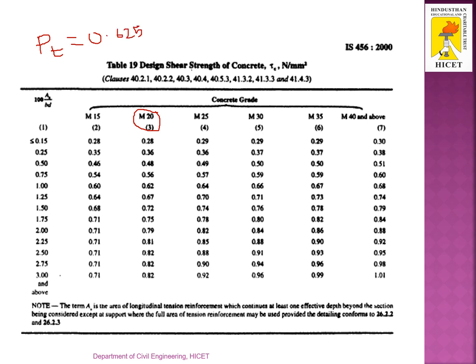Based on table number 19 of IS 456-2000, 0.625 lies between these two values, between 0.5 and 0.75. So the tau suffix c value is between 0.8 and 0.56. By interpolating these two values, you can get the value of tau c.